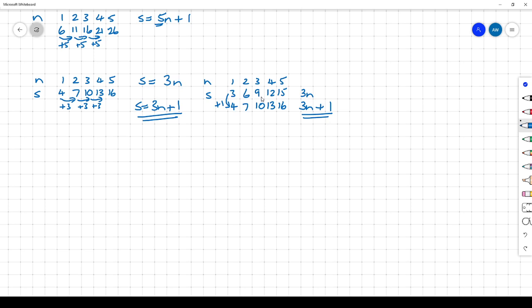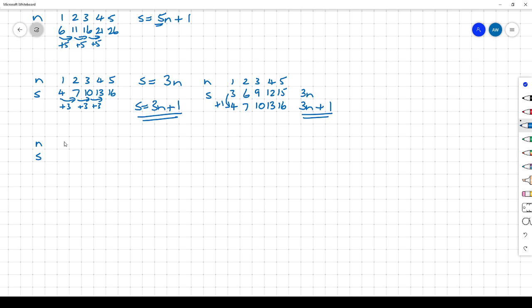We had 3, 6, 9, 12, 15, but we wanted 4, 7, 10, 13, 16. So by comparing the sequence for 3n with the sequence we want, we could see that it was just one more we needed to add to get our sequence. So this sequence is 3n plus an extra 1. Does that make sense? Okay, let's have a look at another one.